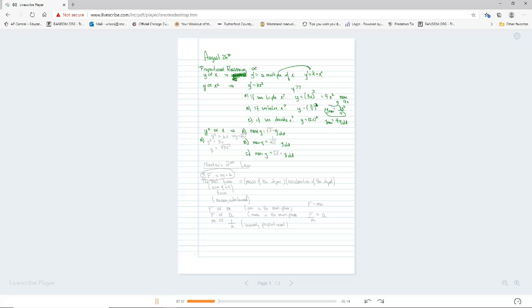If I triple x, what was my original one? Y squared is a multiple of x.